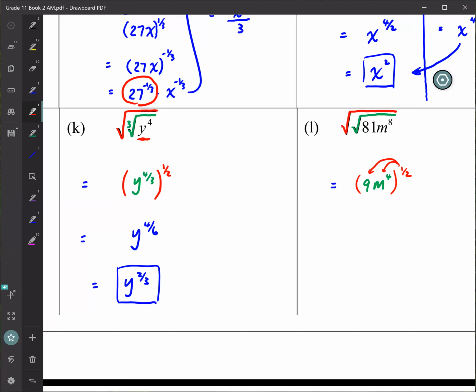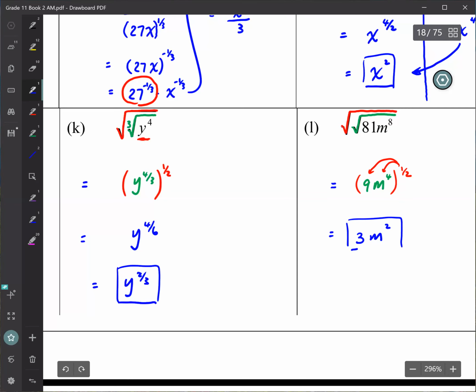So after that, Eric, have you got the final answer? I think it's 3m squared. Yeah, okay. So you get 9 to the half, which is the same as the square root, and m to the 2, 4 times a half. So leave it like this.